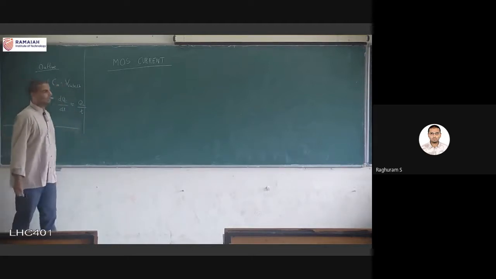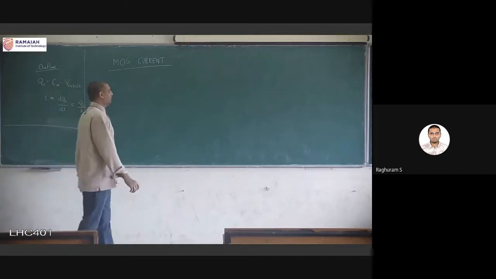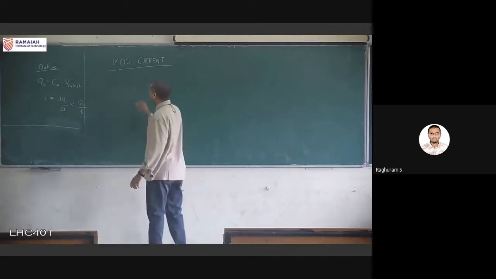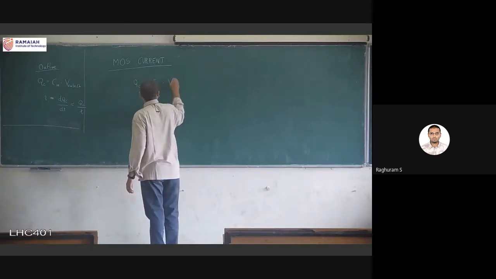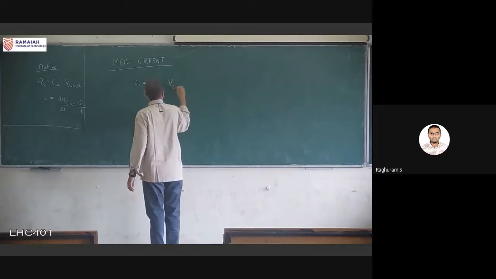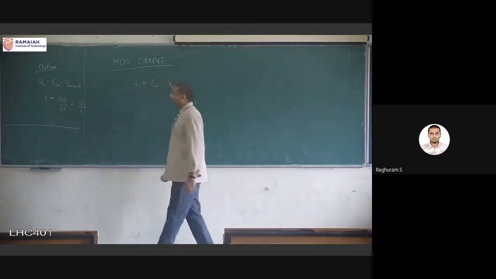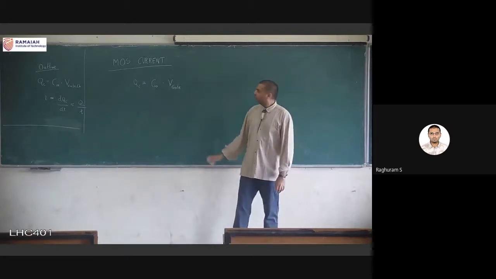Let us look in a little more detail at each of these blocks and get the overall expression for the current. First start with that one. Q equals Cox into V gate.